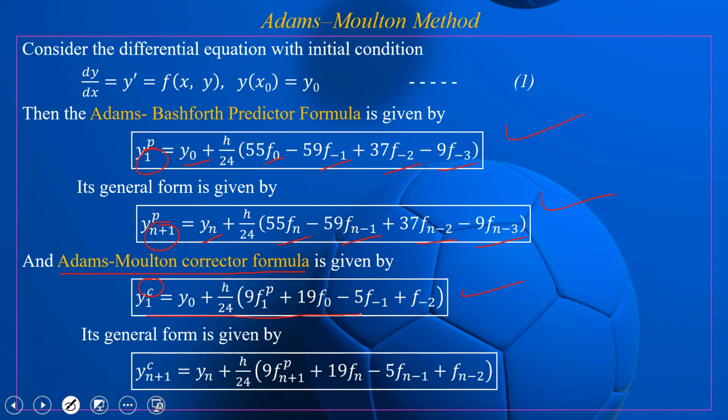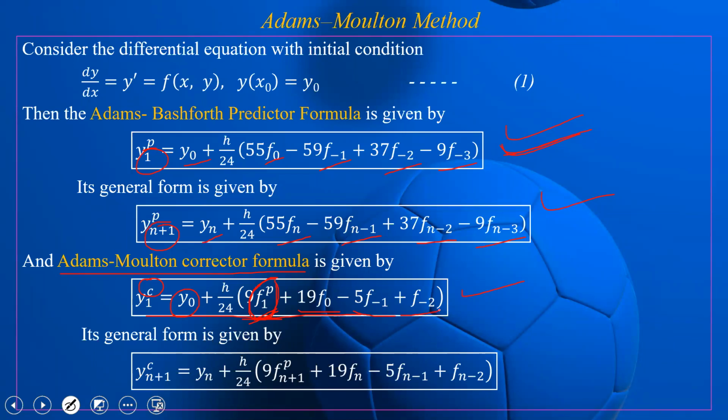So this formula is y1c = y0 + h/24 [9 f1p + 19 f0 - 5 f(-1) + f(-2)], where f1p is the value of f1 computed at y1p, which we have calculated above.